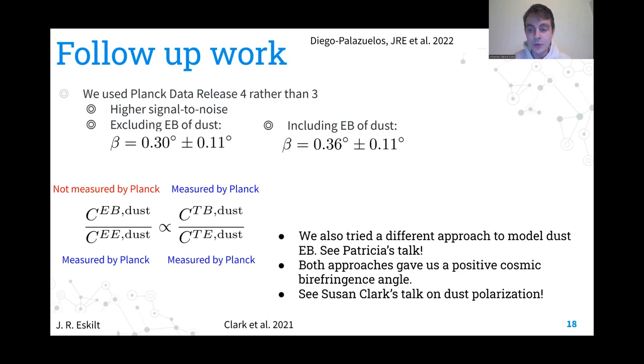We also tried a different approach to model the dust EB, and you should watch Patricia's talk on this. She will be talking about the way she modeled dust EB. But the bottom line is that both approaches gave us a positive cosmic birefringence angle. And you should watch Susan Clark's talk on dust polarization here at this conference if you want more detail about dust polarization.